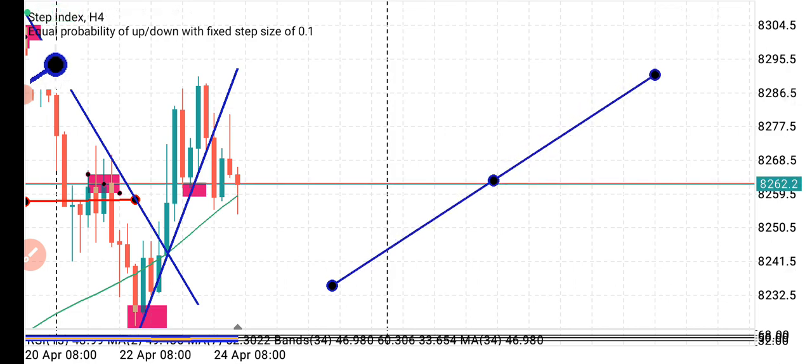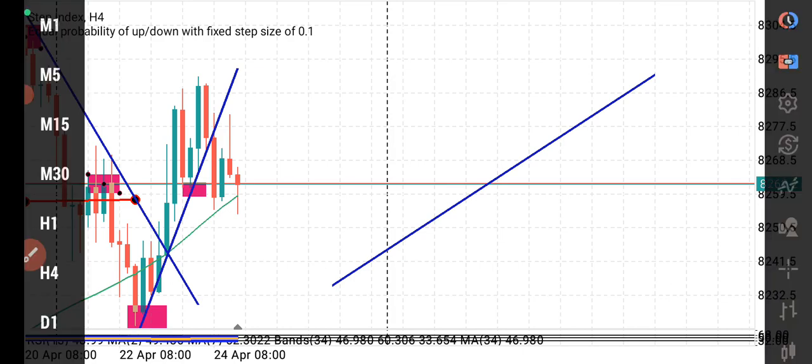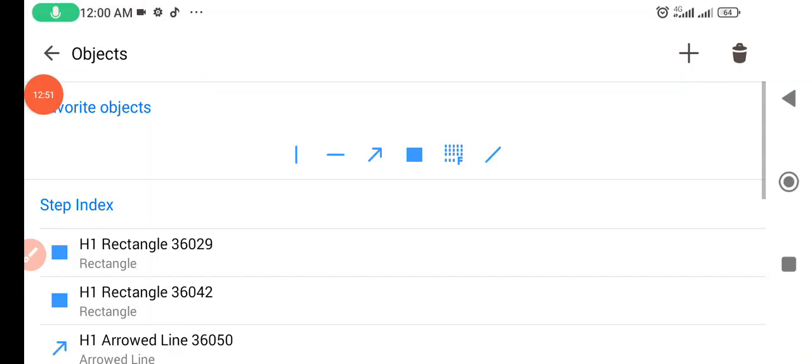Now this is a trend line, and market begins to move this way.